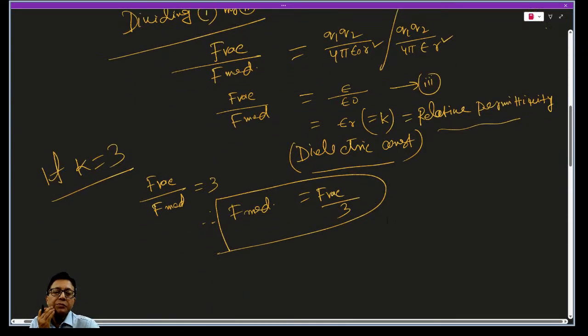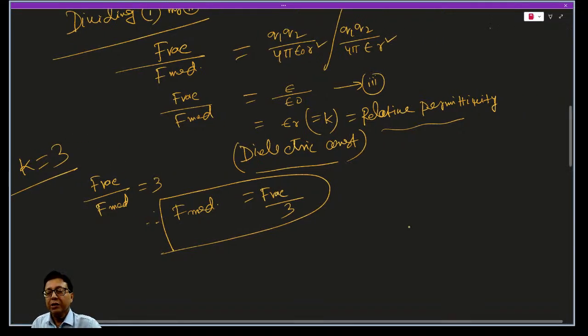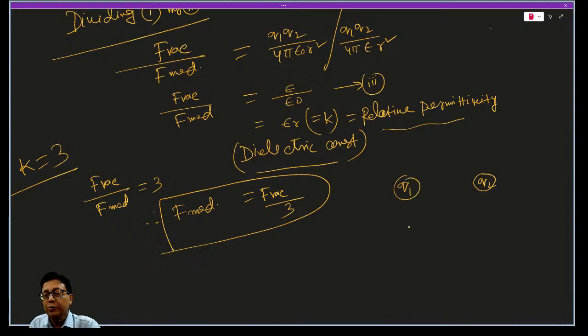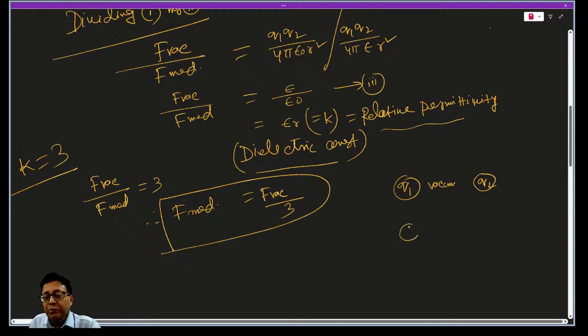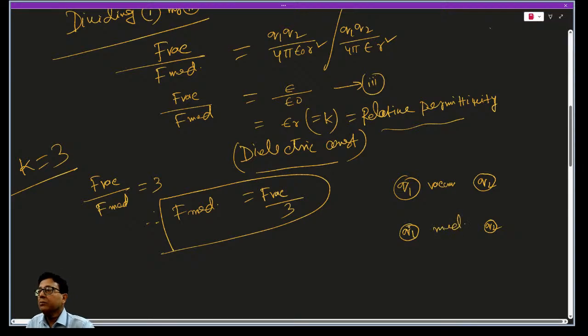Now, what actually does the dielectric constant do? In between two charges, there was vacuum or air. In between two charges, now there is a medium. This is not air.